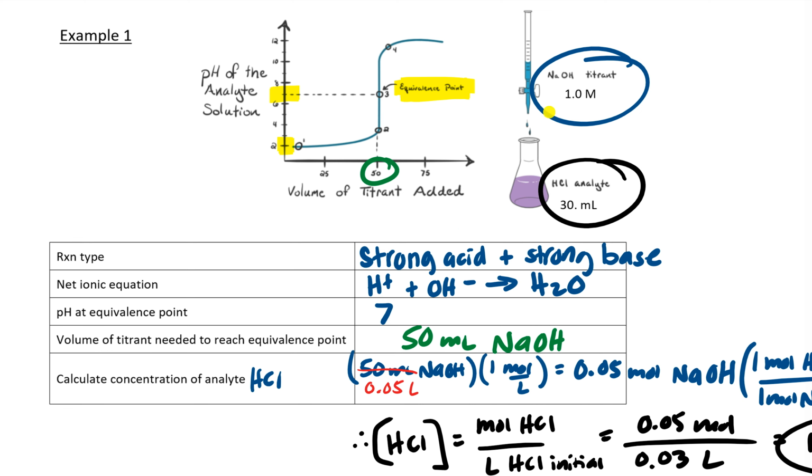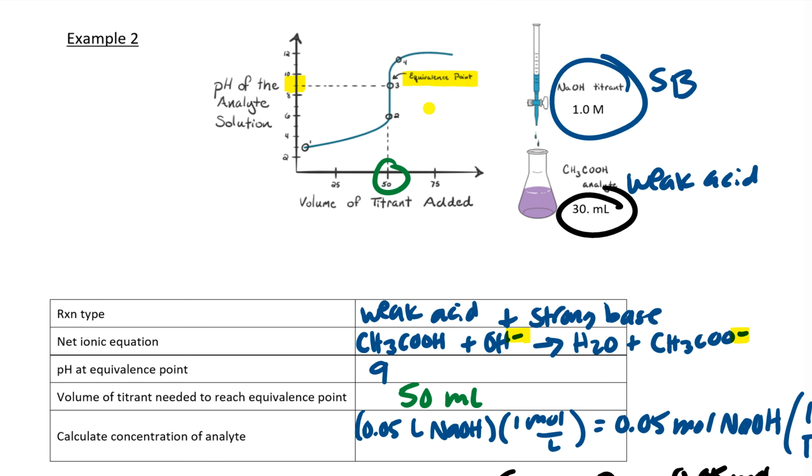But when you titrate weak acid with strong base, look at your net ionic equation that you wrote. You're producing water and you're producing conjugate base, acetate here in this case. And so if you have water, which is neutral, we ignore all the time, but conjugate base, we expect a basic pH at equivalence point, because remember, at equivalence point, you got 0 reactants.